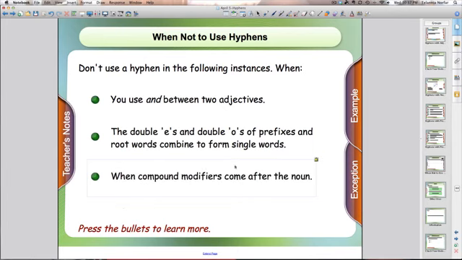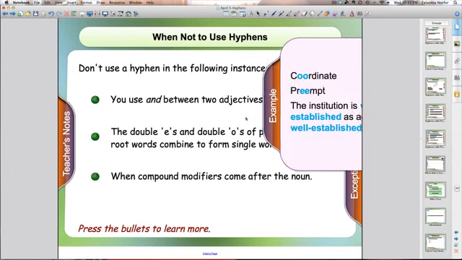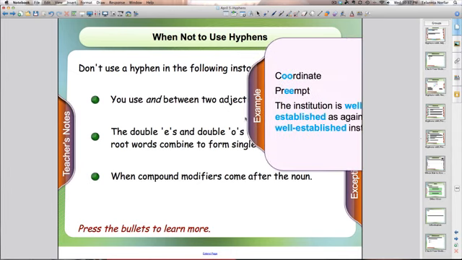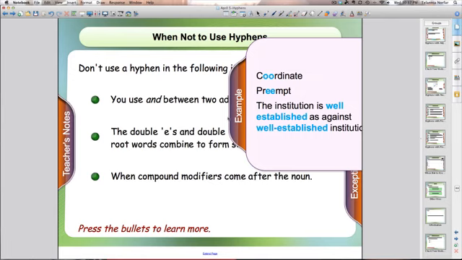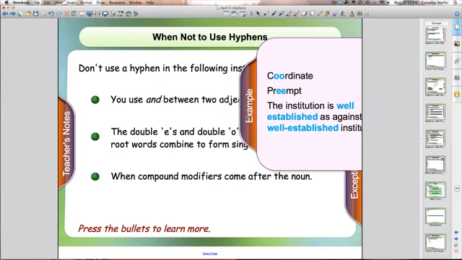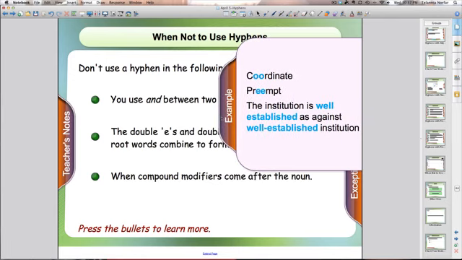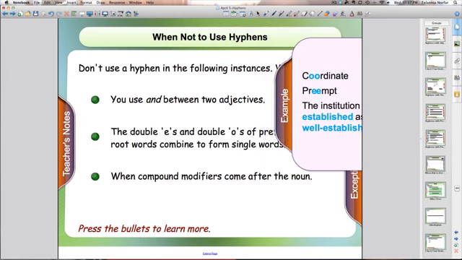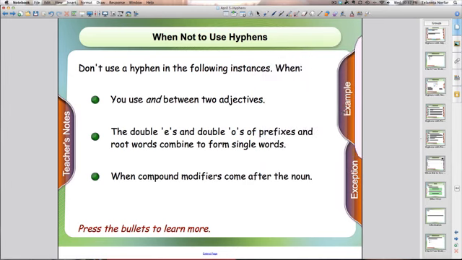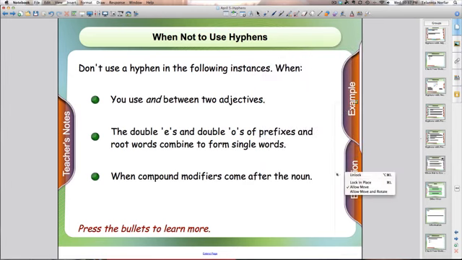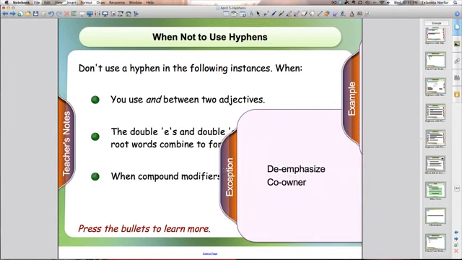So let's look again at some examples. Coordinate. Preempt. No need to put any dashes because we have double E's and double O's. The institution is well established, as against well-established institution. And de-emphasize and co-owner.